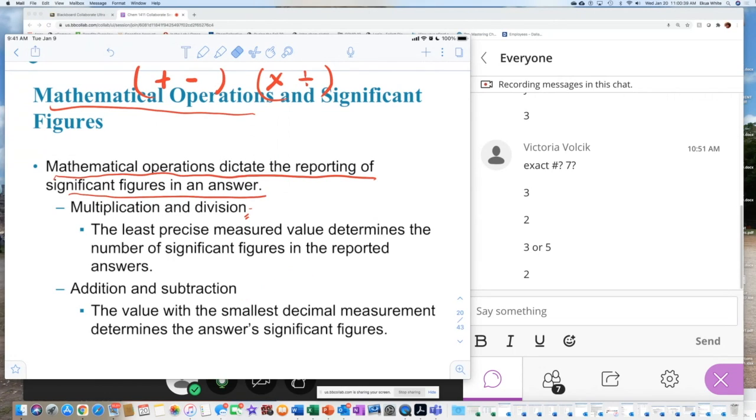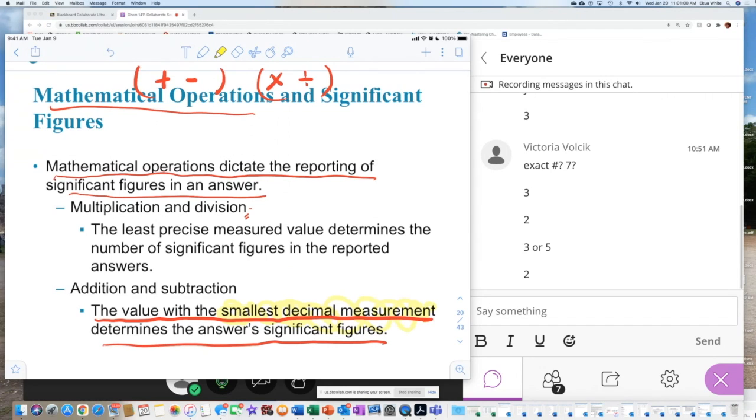So for the harder one, it says the value with the smallest decimal measurement determines the answer's significant figures. Okay. What I'm trying to say here is when they say the smallest decimal measurement, that is what we're checking for.